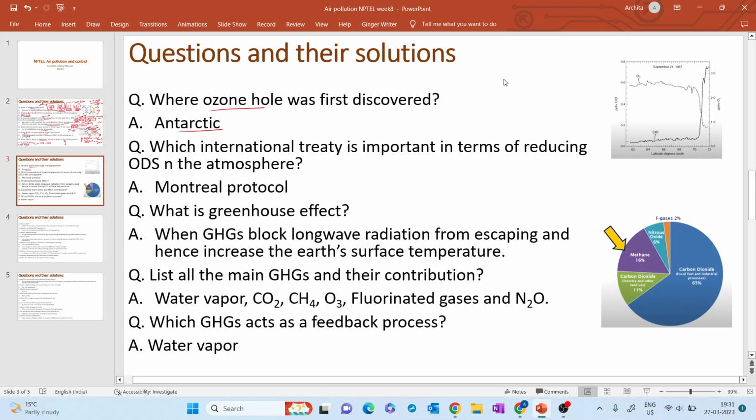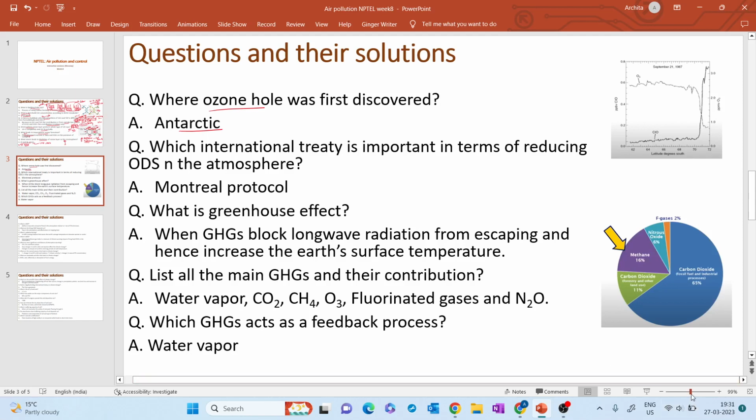The thickness of the gas reduces over time because in certain areas the chlorine reaction is more than in other regions, and hence the thinning of ozone is called the ozone hole.